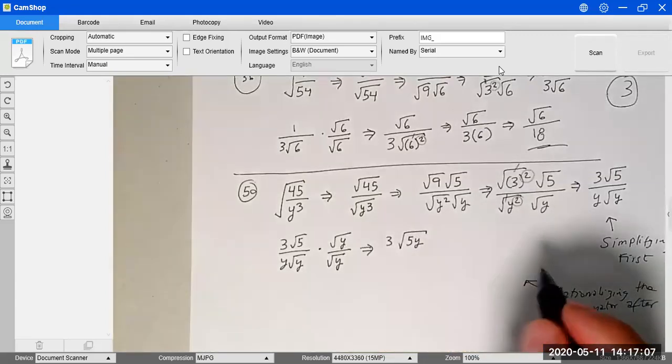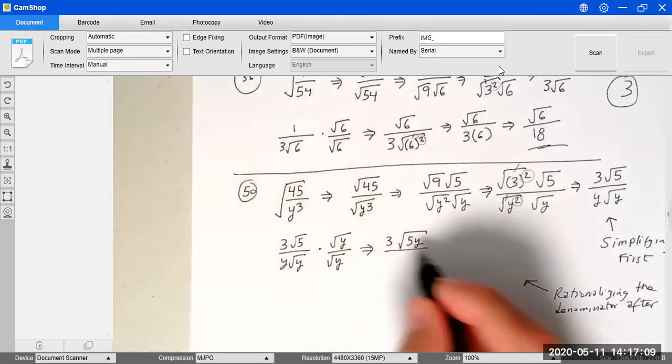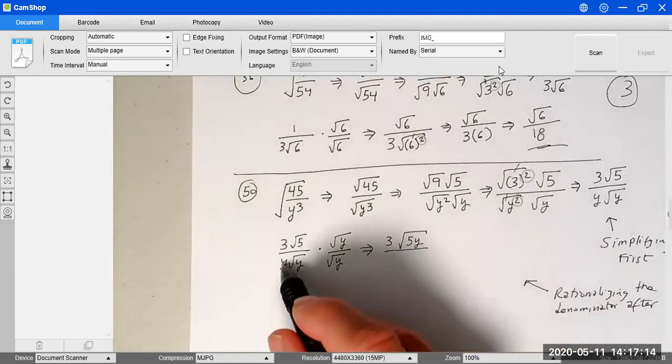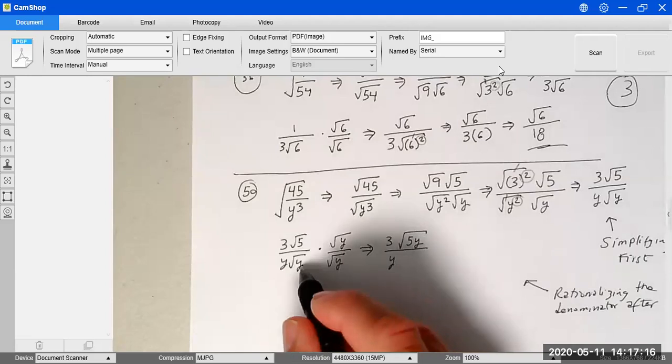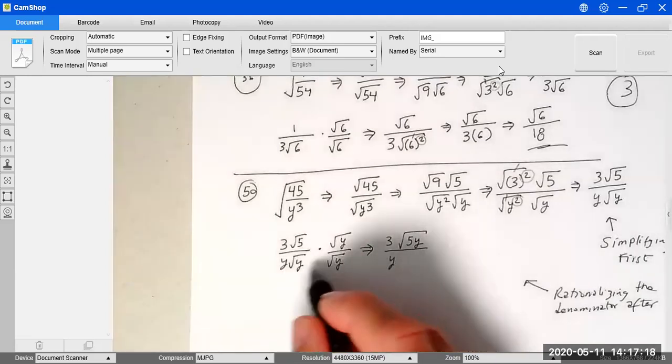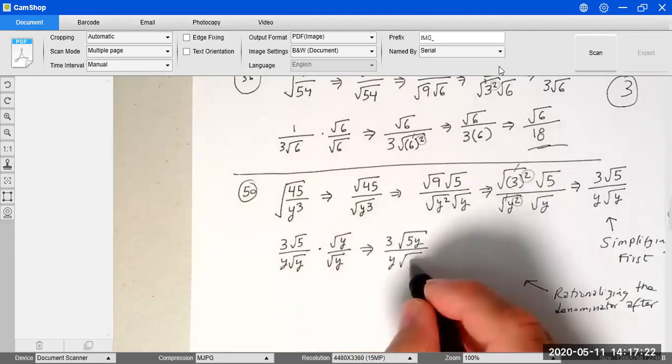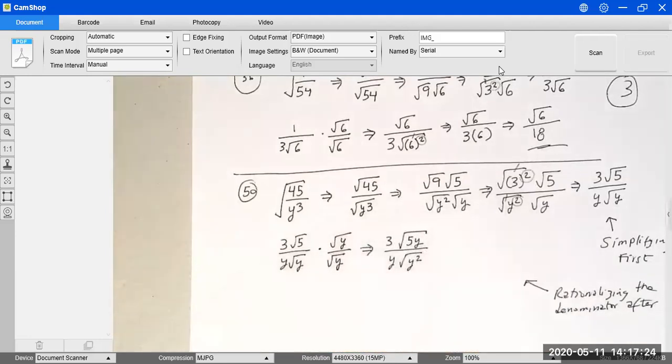Those are radicals, so they remain inside of the radical sign. And finally, we have here y that multiplies the product of 2 radicals, so it's going to be y times y, which is y squared.